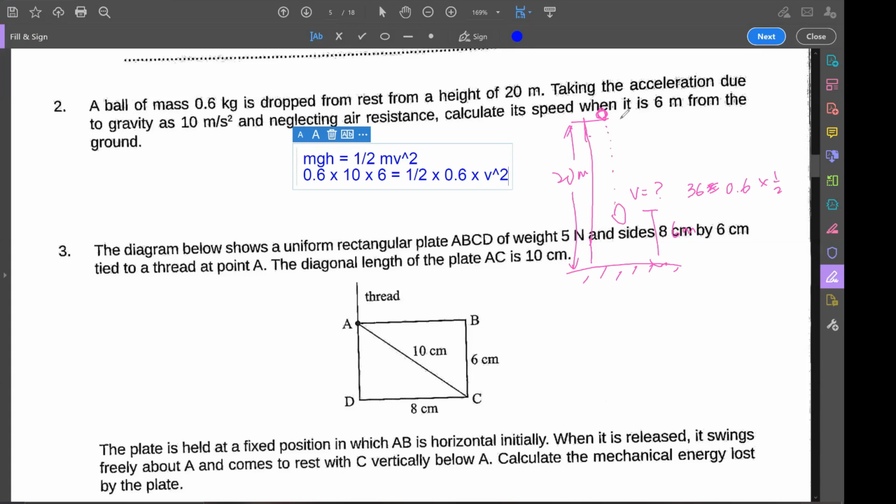So v squared equals to 36 over 0.6 times half. Are you still continuing from here? I'm pondering, because whatever energy is GPE, when it falls, it will lose GPE. The loss in GPE will be gain in KE.